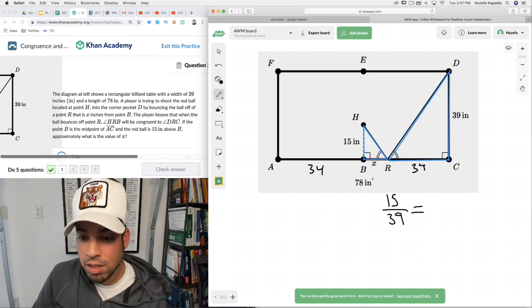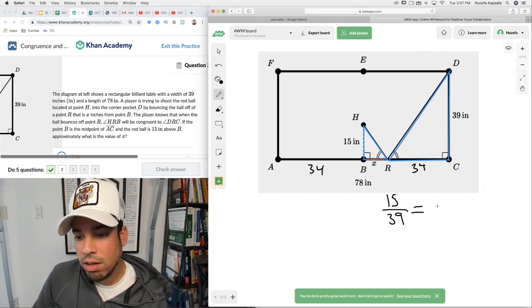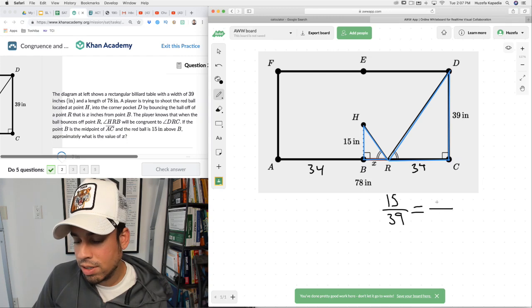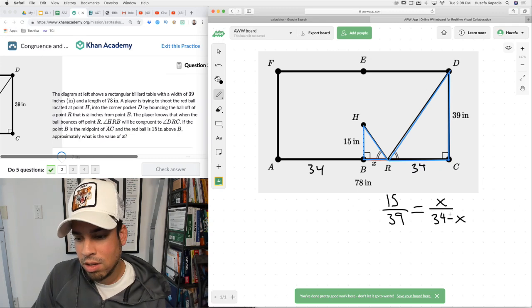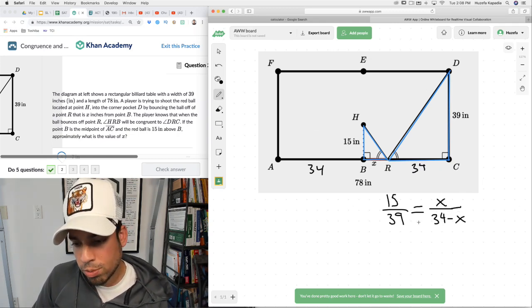We don't know what this length is, because this whole length is 34, not this little length. So the little triangle side is X over its corresponding side of the big triangle, which is 34 minus X, because this whole thing is 34 minus X, that's the other side. Now we can cross multiply and solve for X.